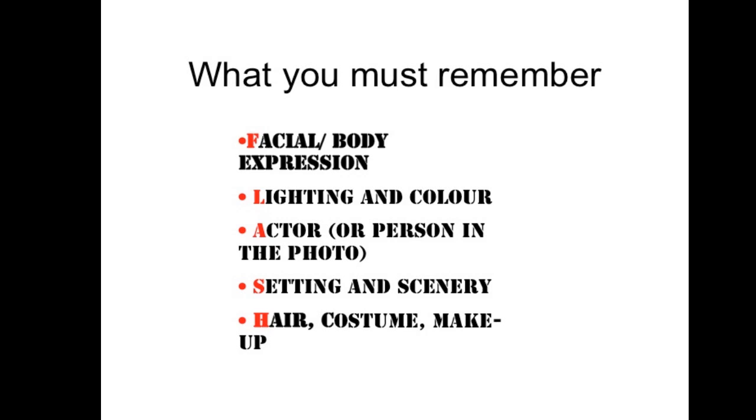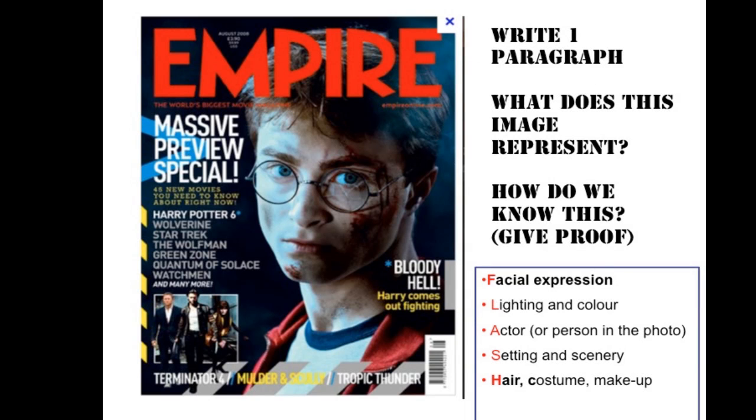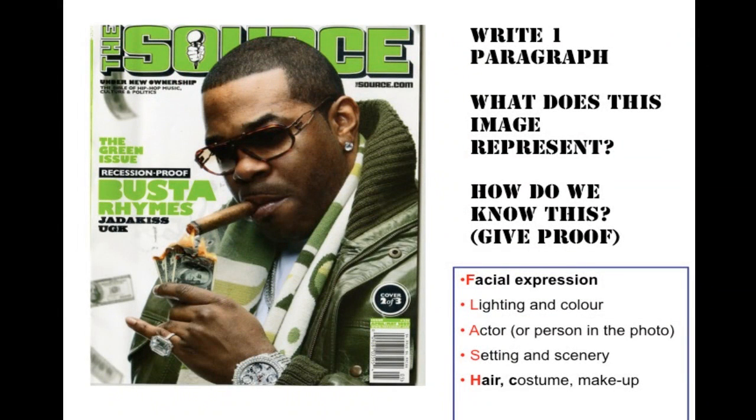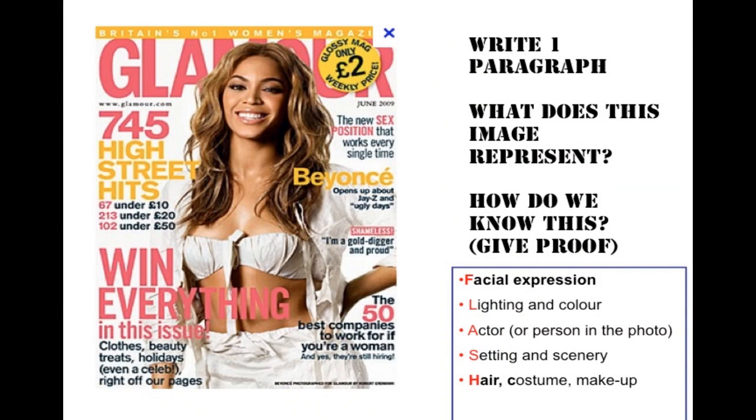S stands for setting and scenery. What is there within the setting which is getting the message across to us? What does it represent? H stands for hair, costume, makeup. What is there which is getting across the right representation or message to us? The 3 magazine covers you could look at are Empire, The Source, and Glamour magazine.